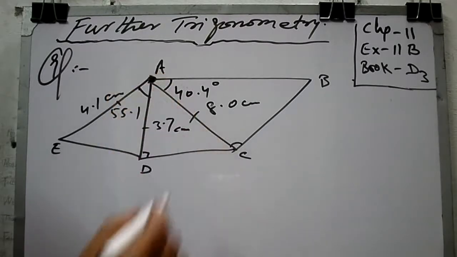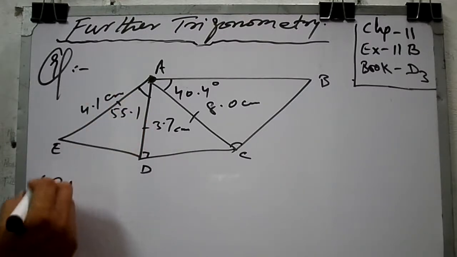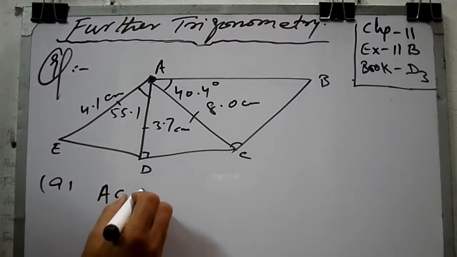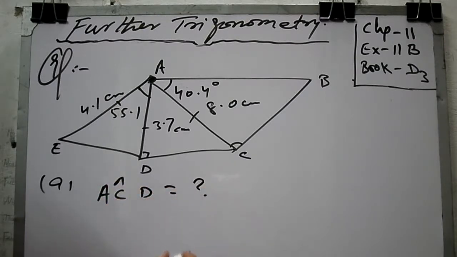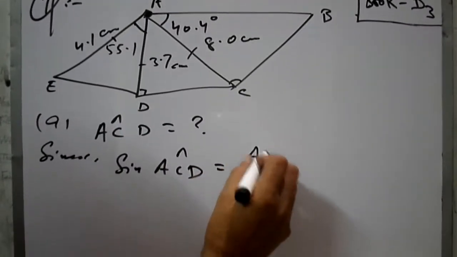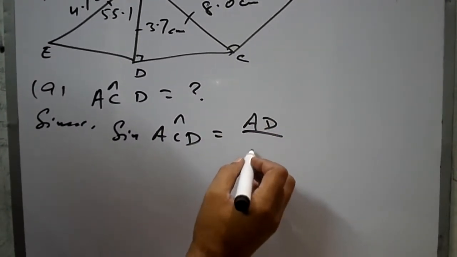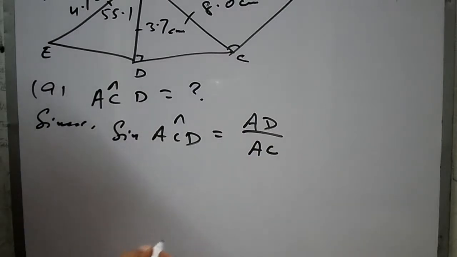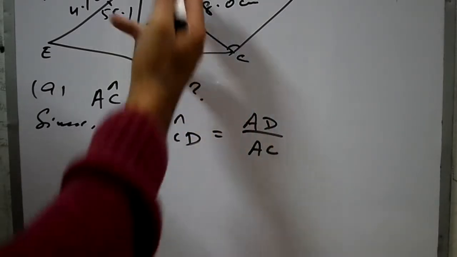So we have to find first the angle ACD. First, in A part we have to find ACD angle. So since we have a formula, that is sine ACD is equal to AD by AC. So we are using trigonometrical ratios because we consider the triangle ACD.